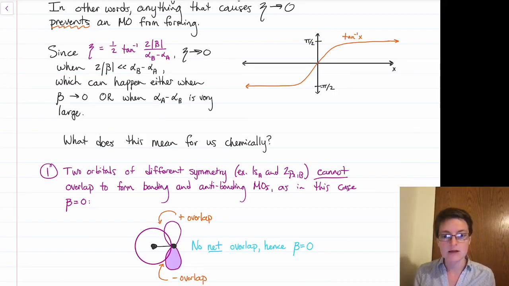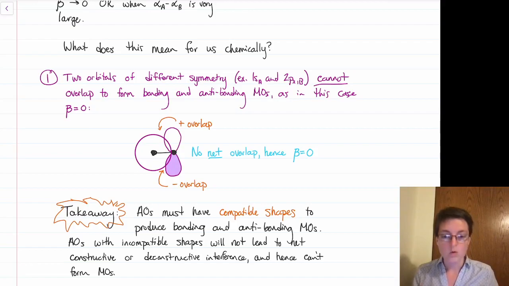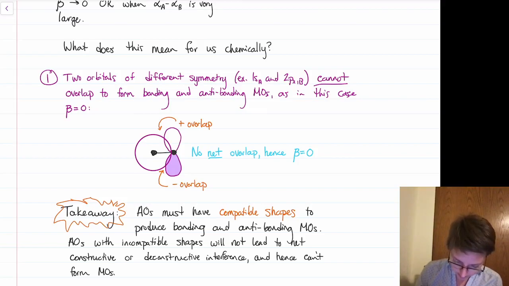The first case, some situation that would lead to beta equals 0, is when you try and overlap together two orbitals that have different symmetry. As it turns out, two orbitals that have different symmetry, when you attempt to combine them together, lead to a region of space with positive overlap, shown here, and then similarly a region of destructive overlap, shown here.